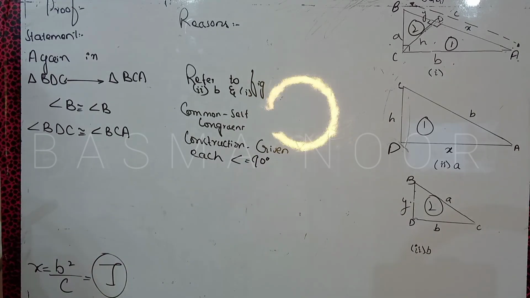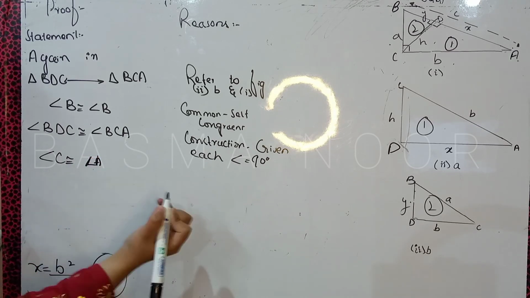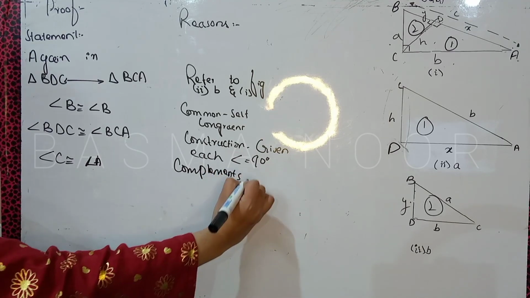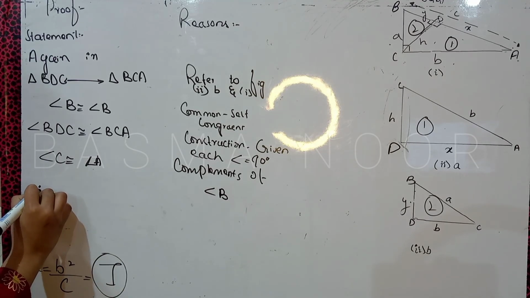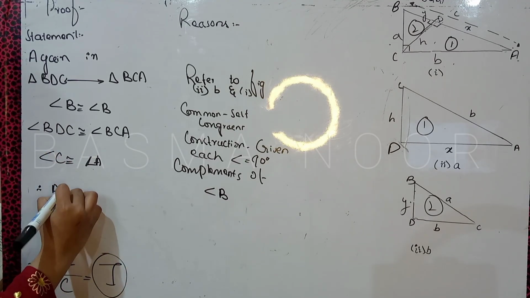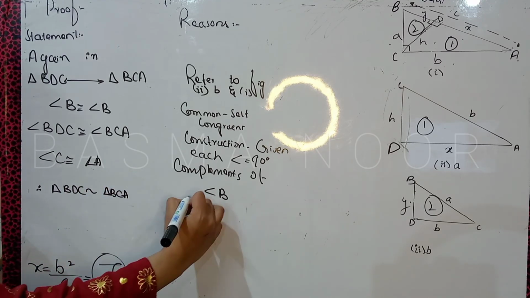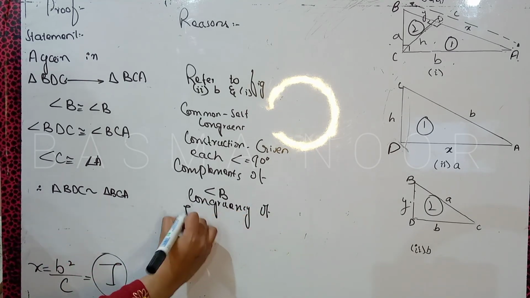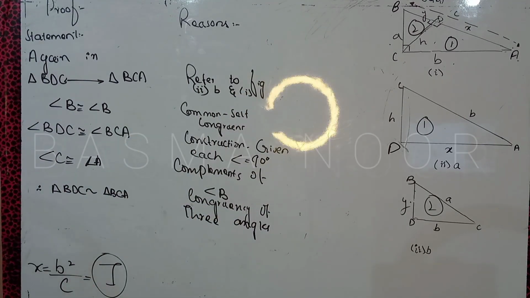Now angle C corresponds to angle A. These are complements of angle B. Now it is proved by taking three angles that triangle BDC is similar to triangle BCA. So it shows congruency of three angles.